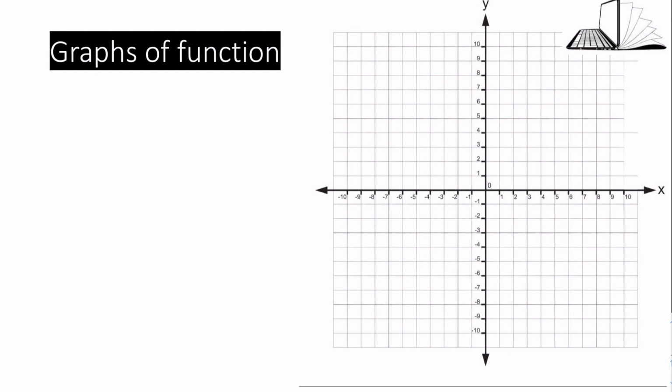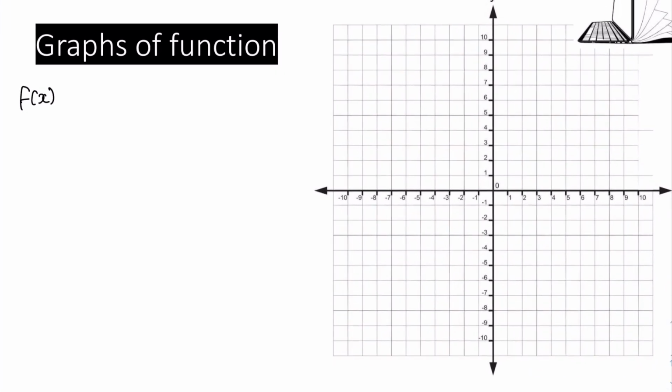Sometimes we have a function which changes its values according to the domain. For example, let's say that I have a function f of x that equals minus x when x is less than 0.